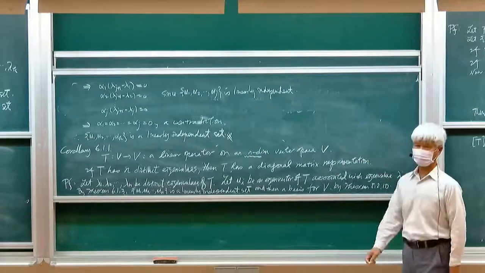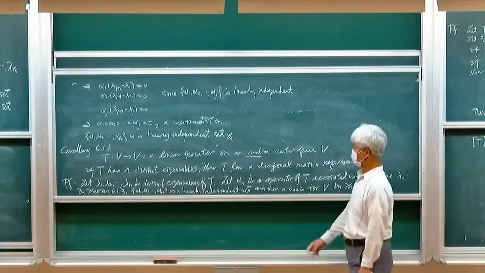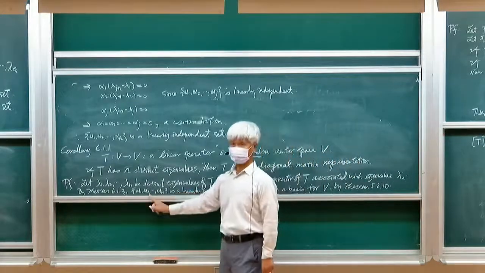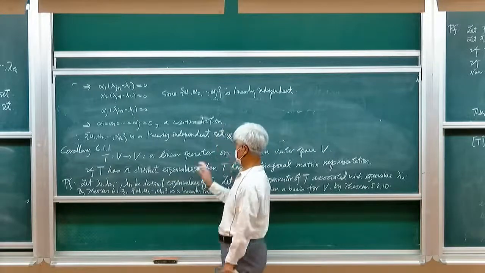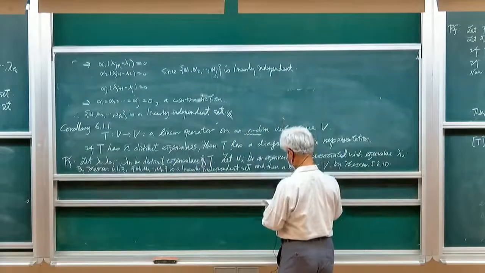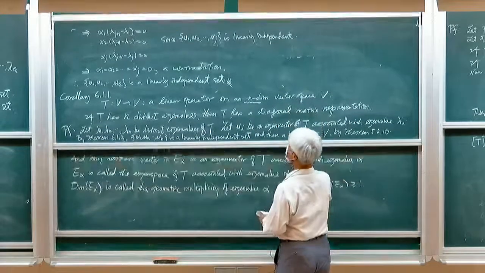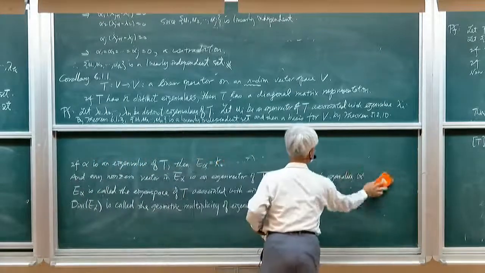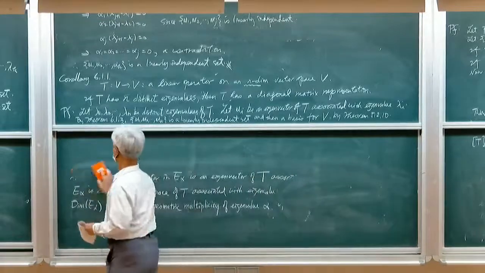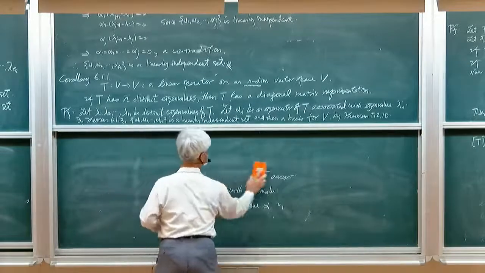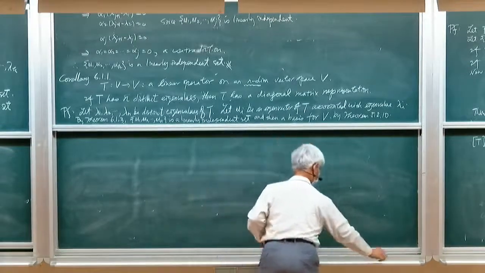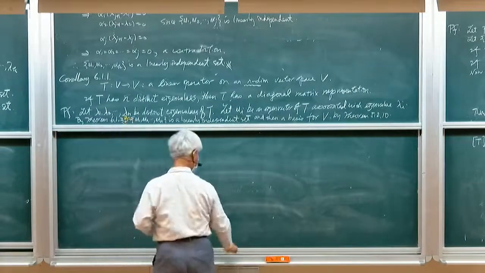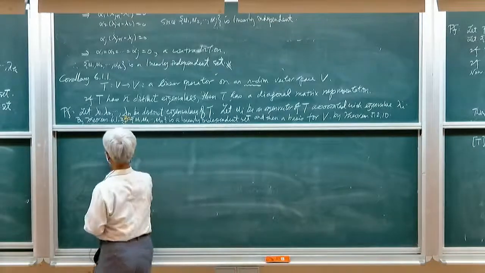Okay, so 5.2.10 tells us that this linearly independent set is a basis, and because it consists of eigenvectors, it's an eigenbasis. Okay, and we call this set B.